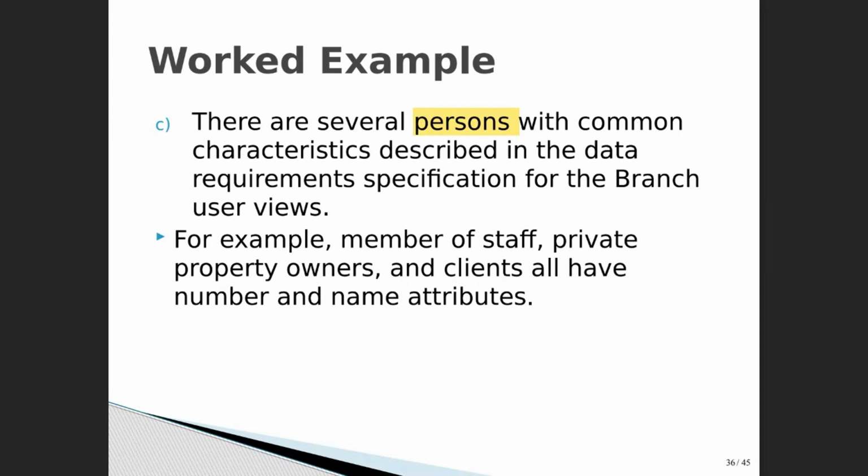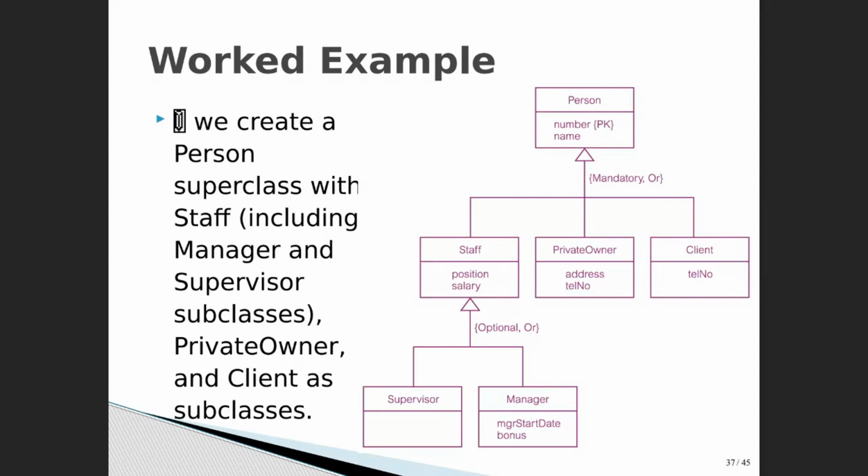So we can add this person superclass, but this is not applicable, I guess. It's just an example. It depends on the requirements for the ER model. So for example, I can add this person superclass with some shared attributes, number and name, and then I have three subclasses, which are staff, private owner, and client.